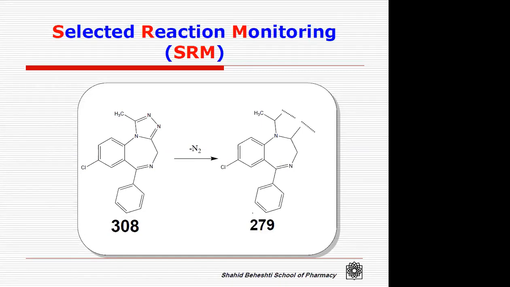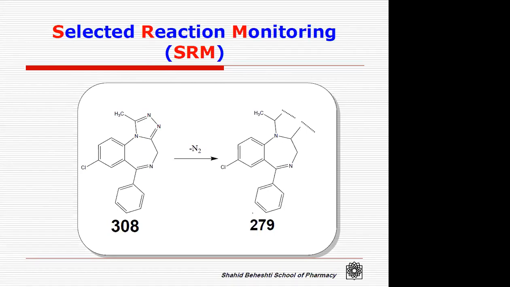When we take this compound to the fragmentation process in the mass spectrometer, it is able to lose a molecule of nitrogen, and the molecule is changed to a new fragment or new structure which has the molecular weight of 279.